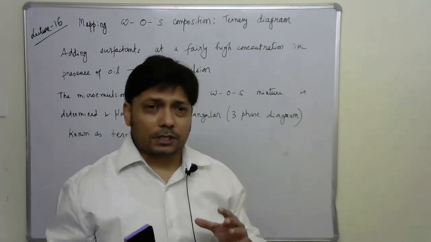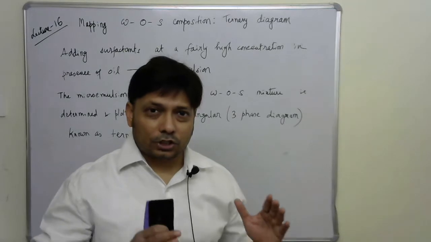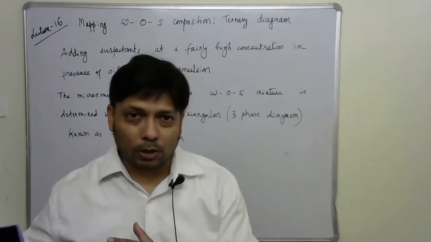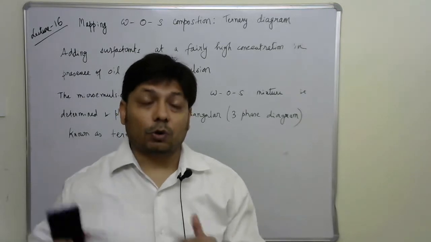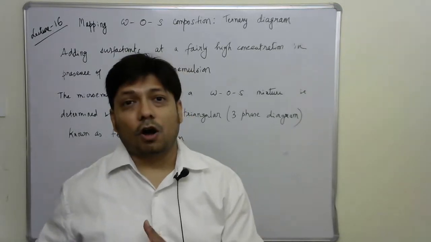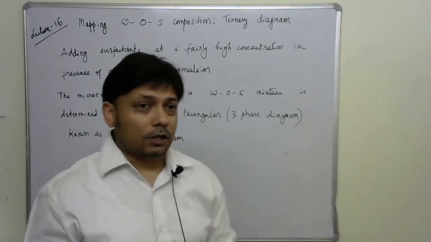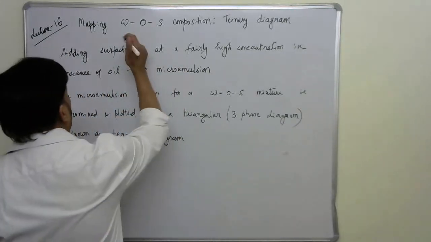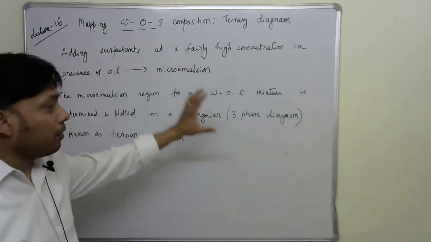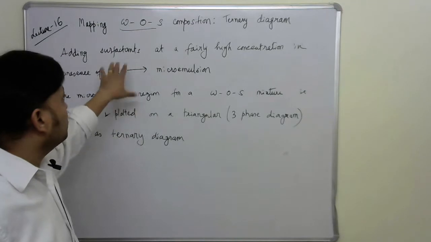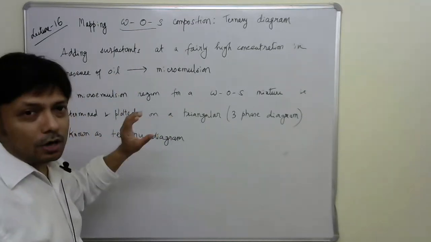So the question is, can we follow the different changes of these phase equilibria with the variation of the concentration of the surfactant? Here you see the parameters are 3 instead of 2. Therefore, to plot a diagram from 3 varying parameters, it can be best represented by the ternary diagram.